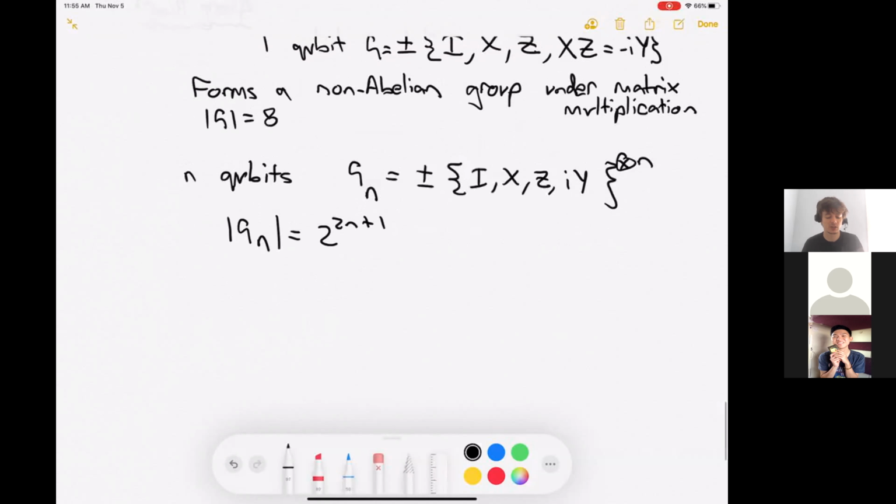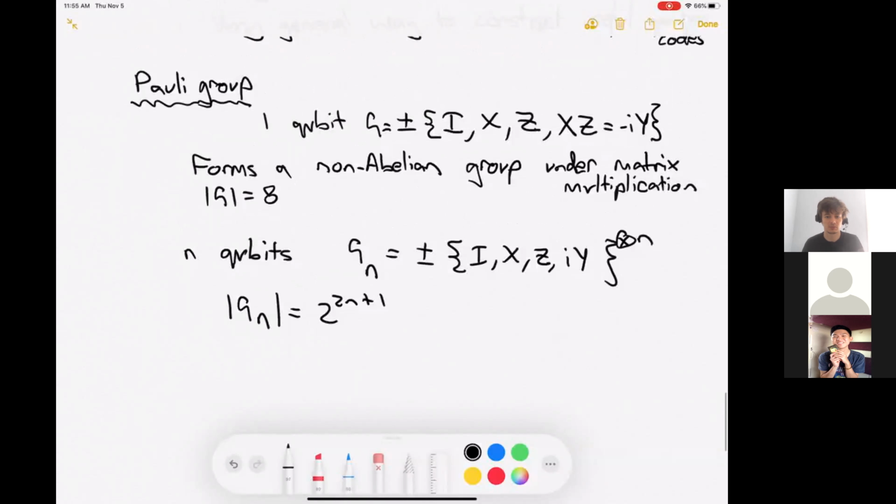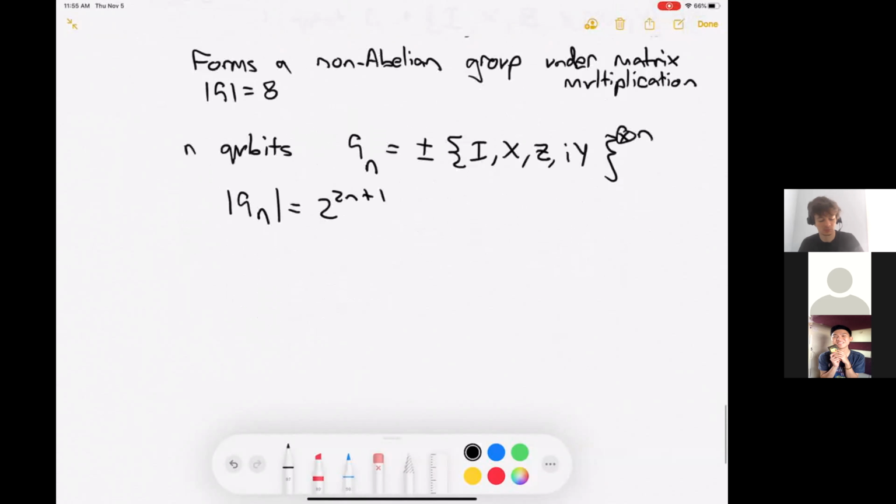Any questions about how that's defined? Okay. So let's take a brief moment to think about a couple of properties of this group, which are going to be useful.